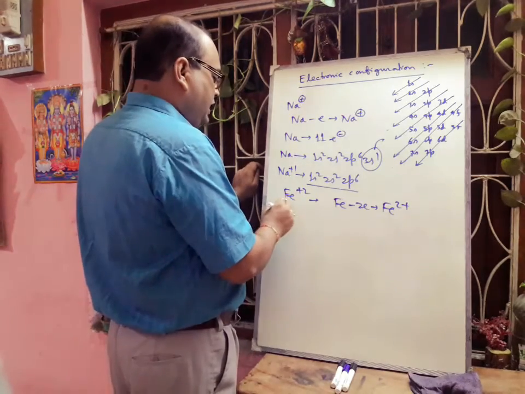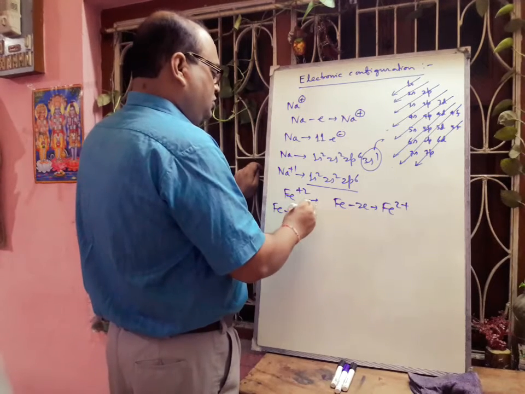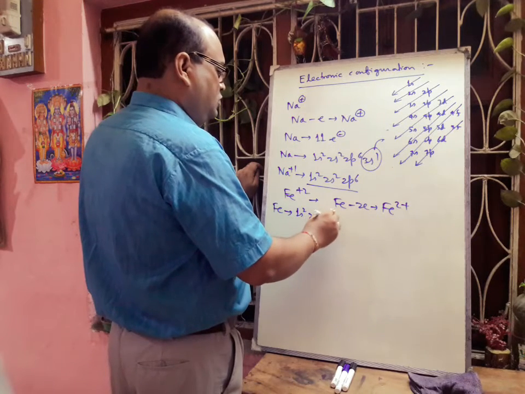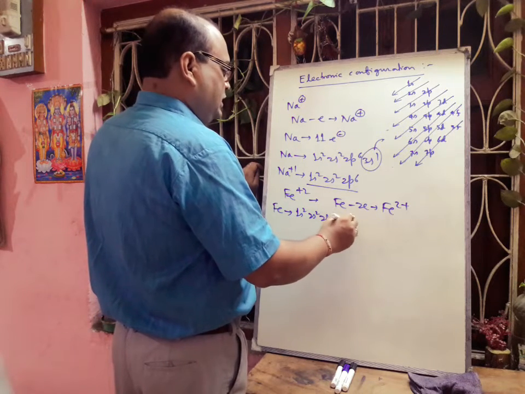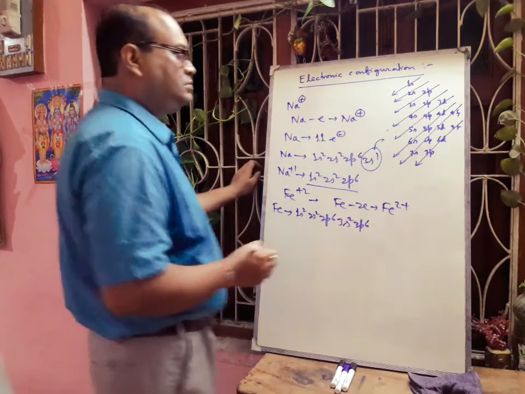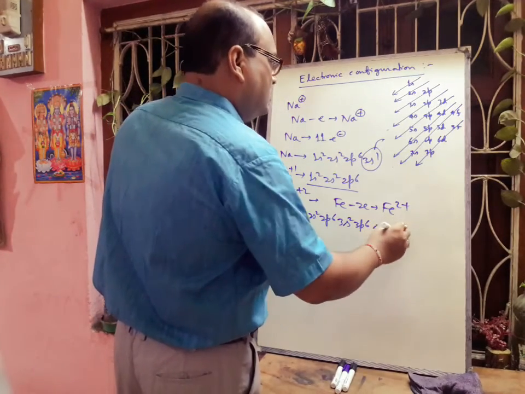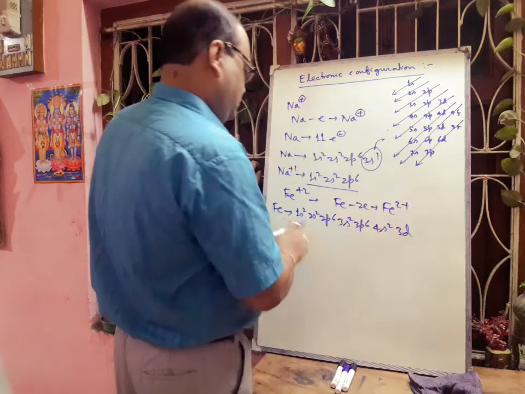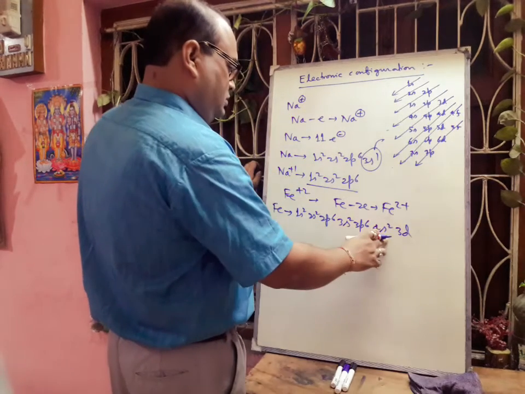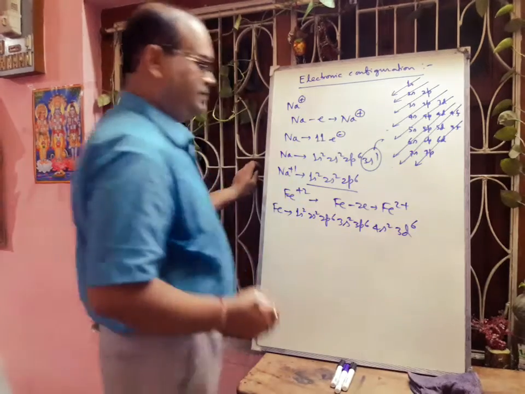So if we write the electronic configuration of iron, then it will be 1s2, 2s2, 2p6, then 3s2, 3p6, then 4s2, 3d6.